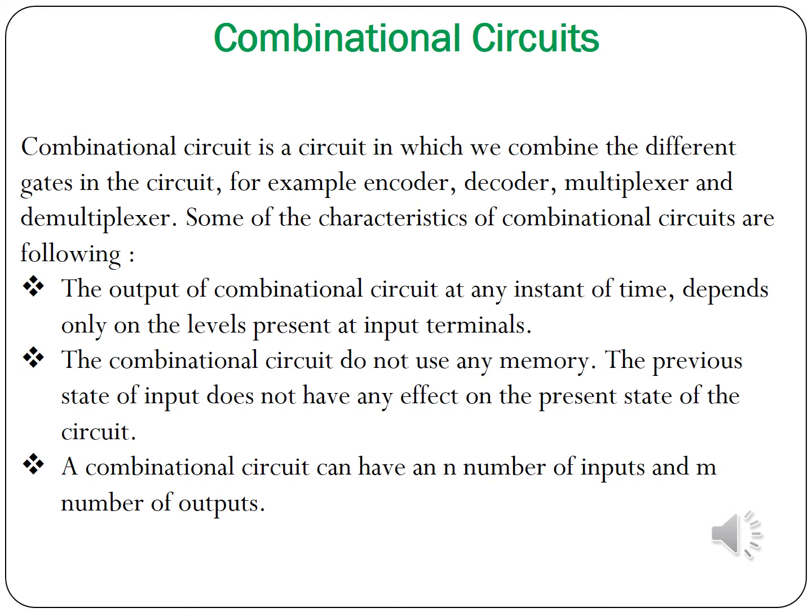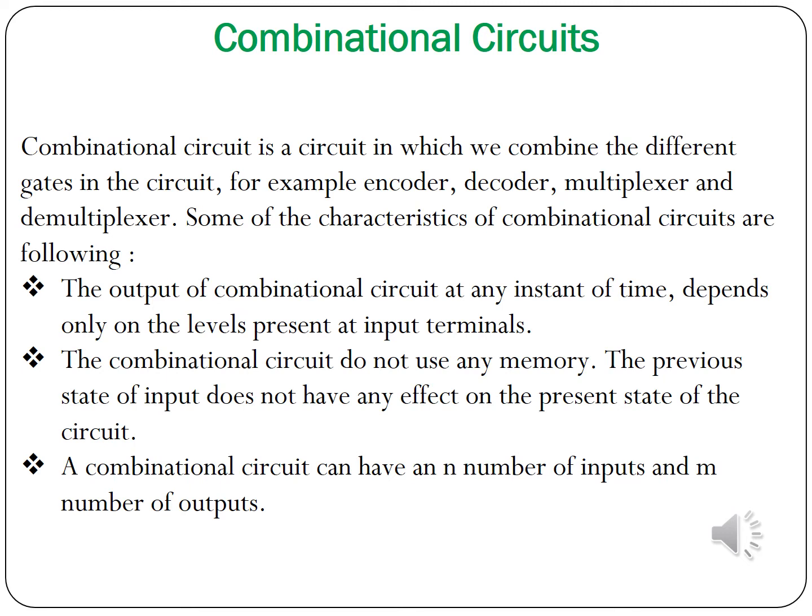For example, encoder, decoder, multiplexer, demultiplexer and parity encoders are examples of combinational logic circuits. A combinational logic circuit does not need any memory element for storing past output values, and its output depends only on the present input.